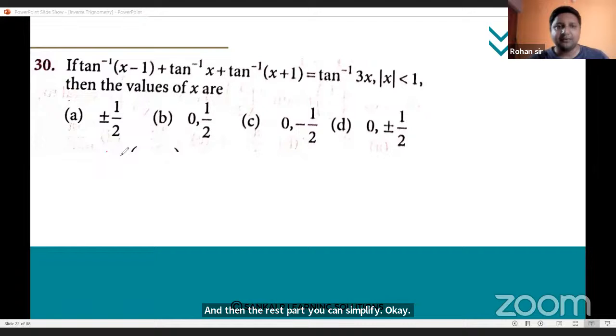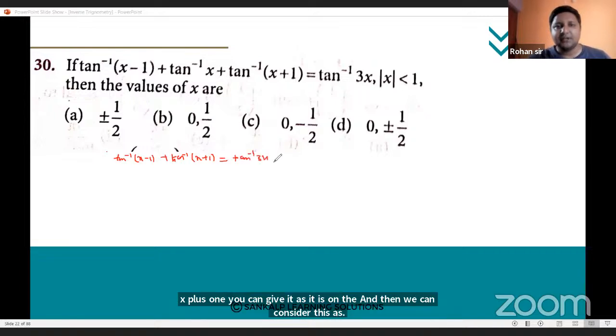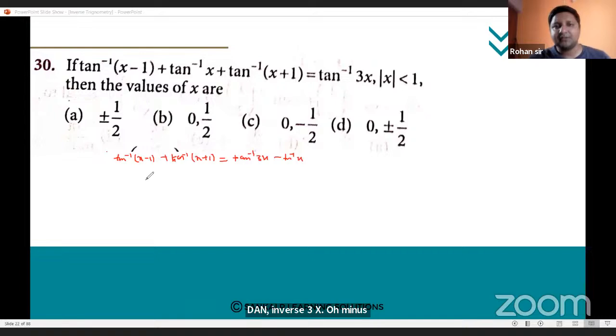So tan inverse (x minus 1) plus tan inverse (x plus 1), you can keep as it is on the LHS, and then we can consider the RHS as tan inverse 3x minus tan inverse x. Apply the tan inverse x plus tan inverse y formula on the LHS, and apply the tan inverse x minus tan inverse y formula, the same formula, on the RHS.